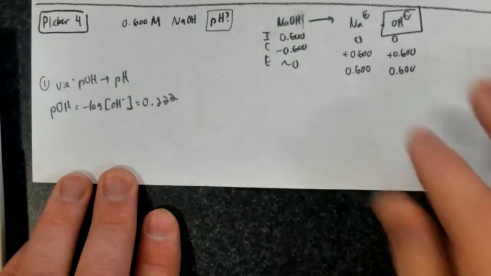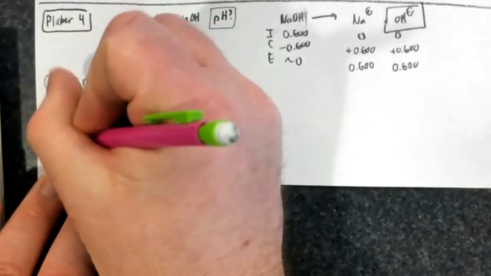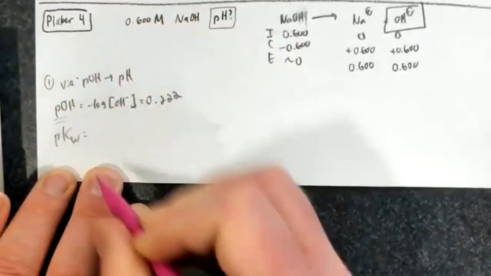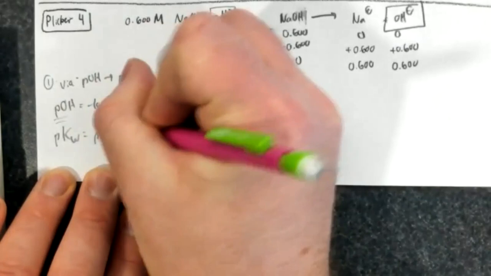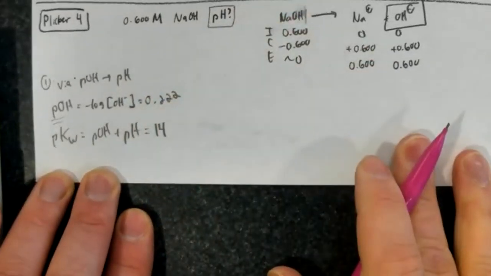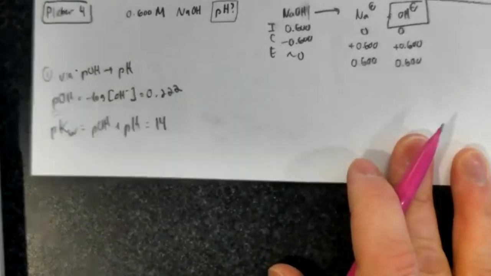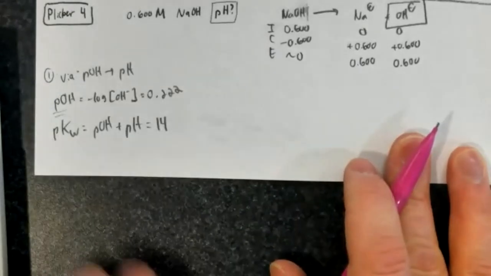Then from there, the relationship between pOH and pH is related by pKw. So pKw equals pOH plus pH, and that number equals 14. Basically, I'm just taking the Kw relationship and converting it from scientific notation to whole numbers.